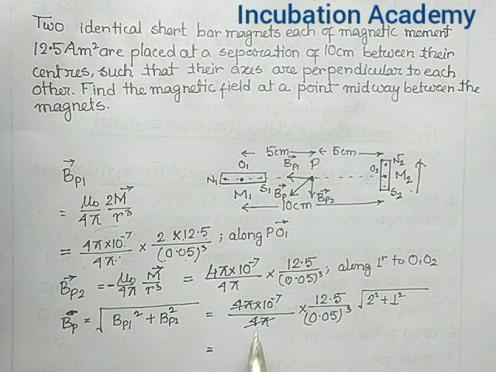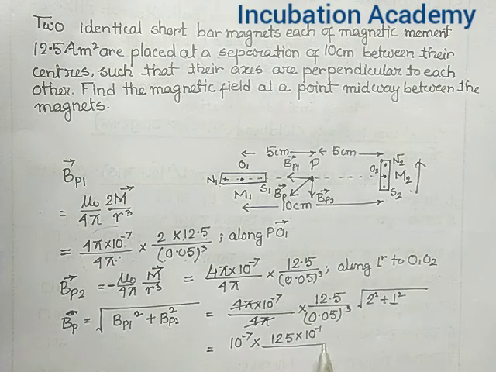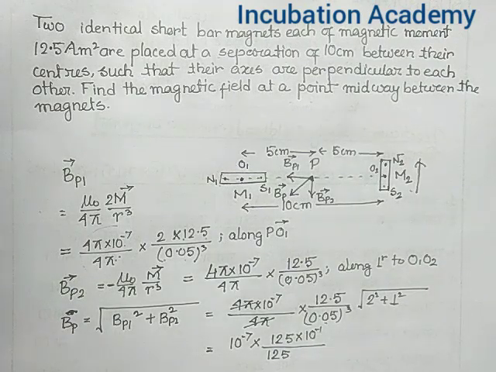After that 10 to the power minus 7 is here, and 12.5, which can be written as 125 into 10 to the power minus 1. 0.05 cube: 5 cube is 125, since 5 times 5 is 25, and 25 into 5 is 125.